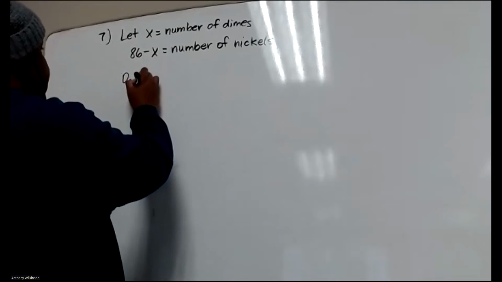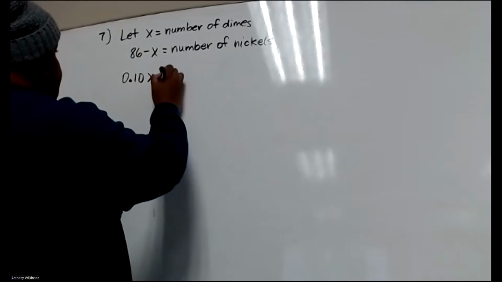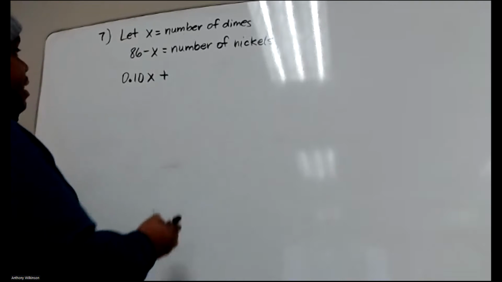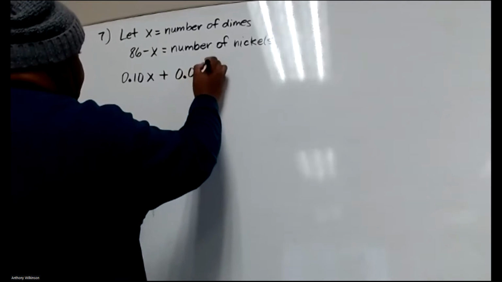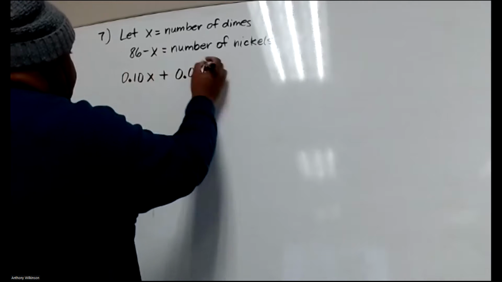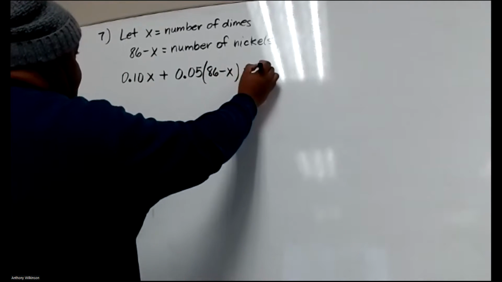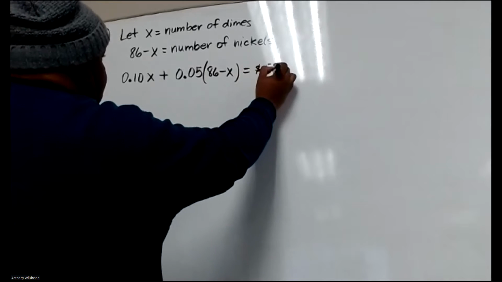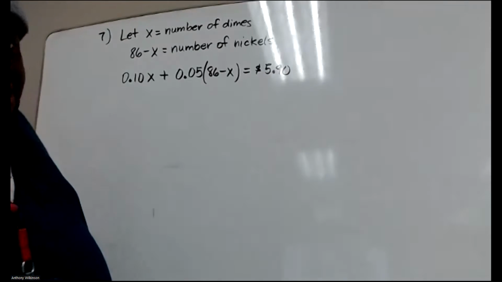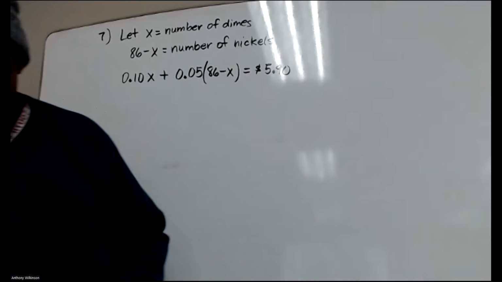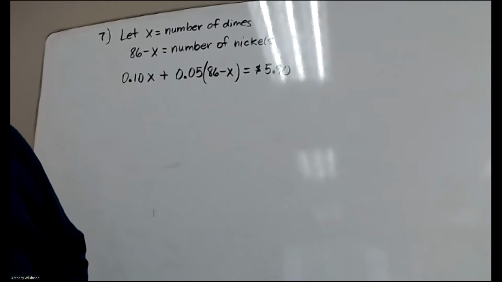So 10 cents would be 0.10 times the number of dimes, that's X, plus 1 nickel is 5 cents, so it'll be 0.05 times the number of nickels, that would be 86 minus X. And that does equal the amount of money that's in that box, $5.90. So that's how we set up this equation.